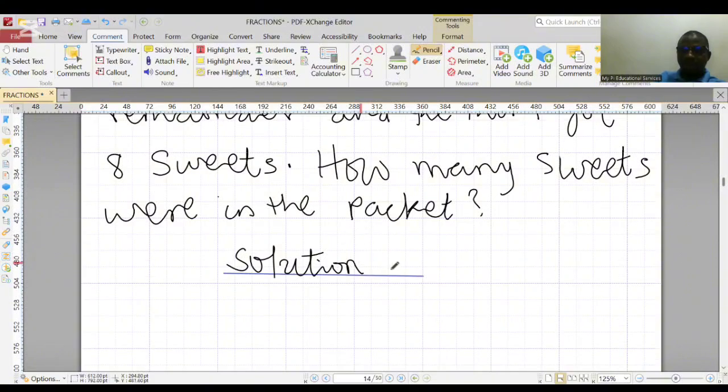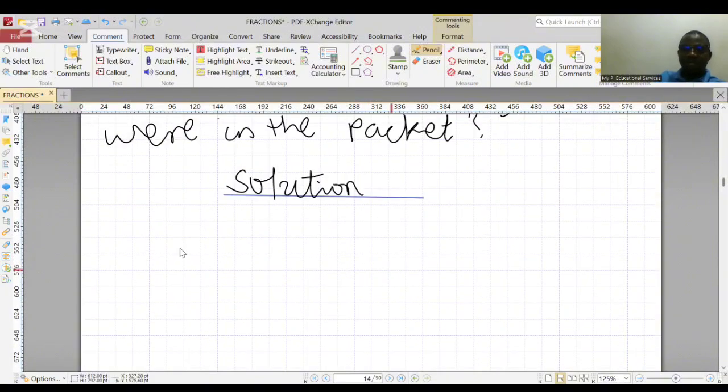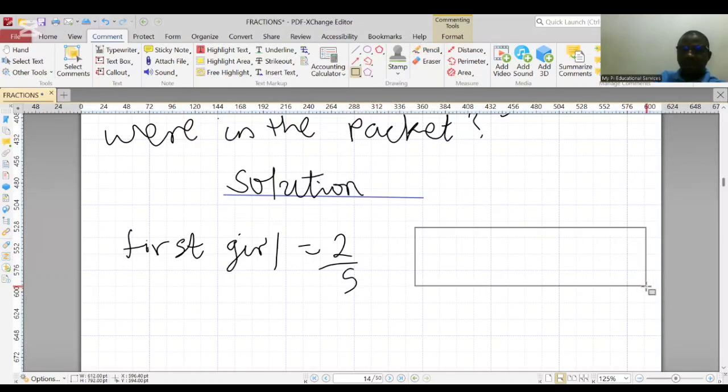From the question, the packet of sweets is divided into 5. So the first girl got 2 out of 5. So let's do it this way. Let's say this is the packet of sweets here.